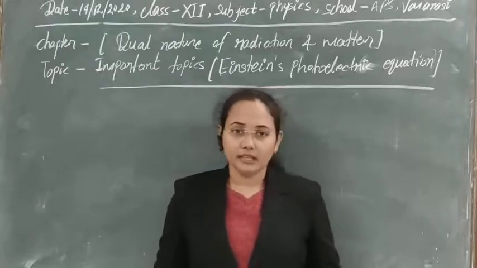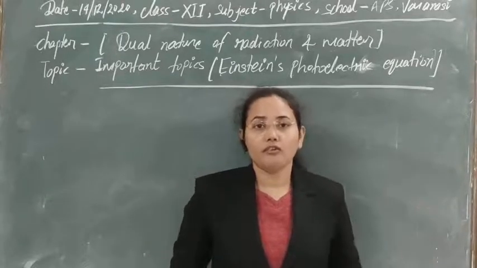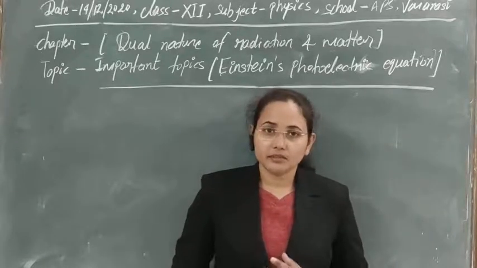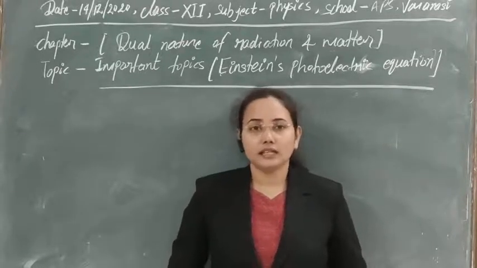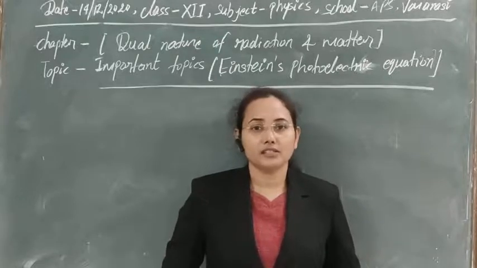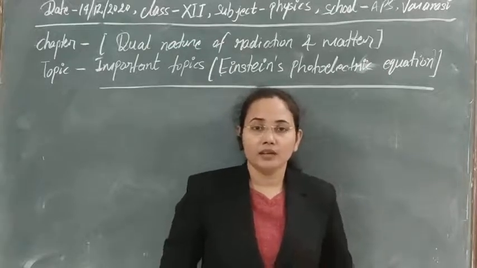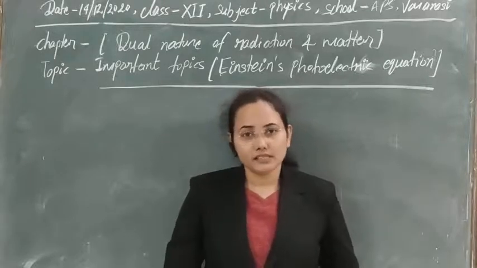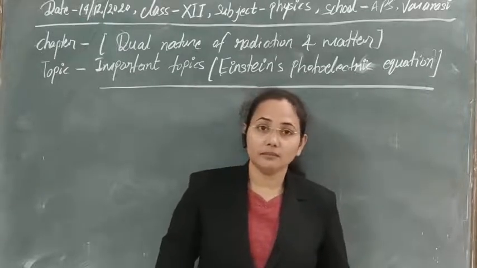In a summarized way, the laws of photoelectric emission are: first, the number of ejected photoelectrons depends on the intensity of radiation, not on the frequency. Second, the kinetic energy of an ejected electron depends on the frequency of radiation but not on the intensity.